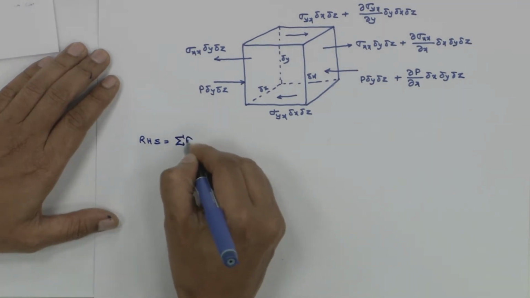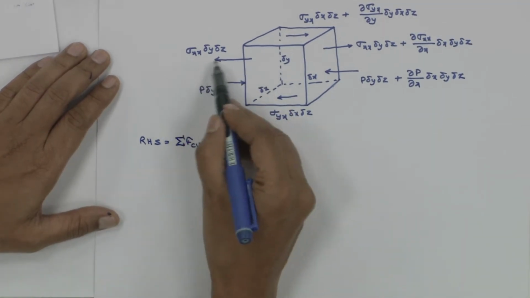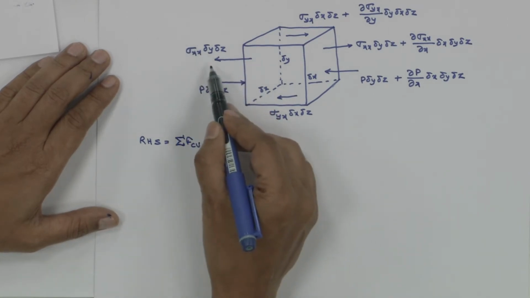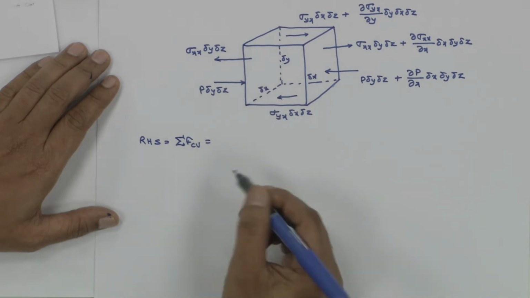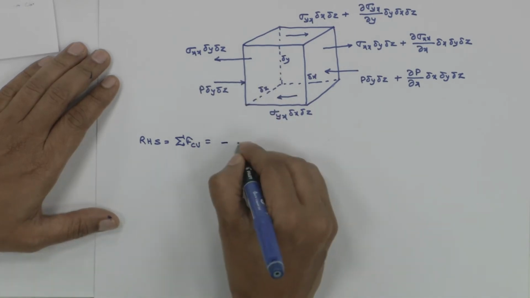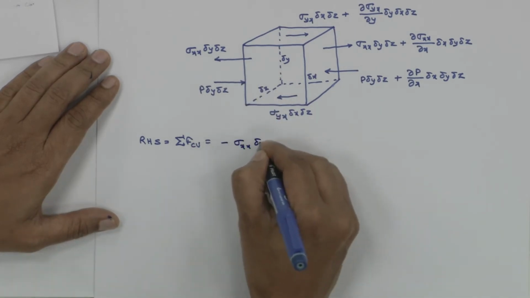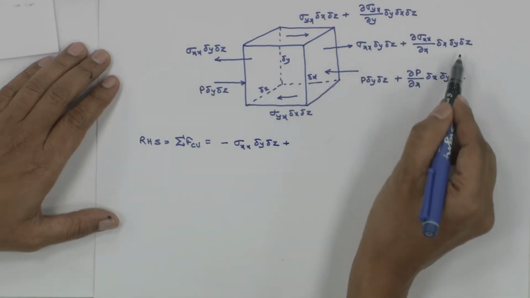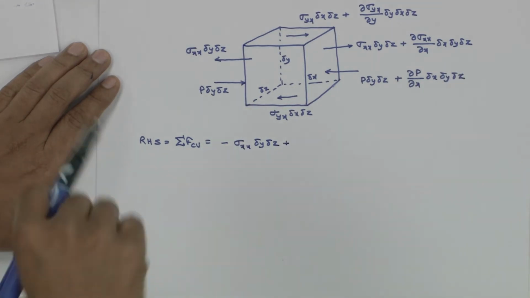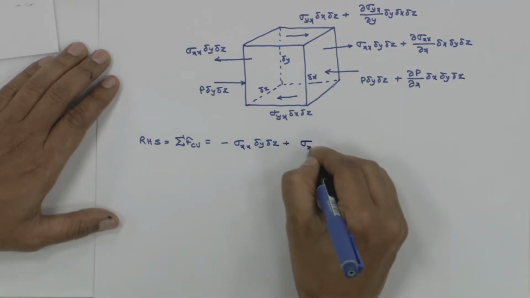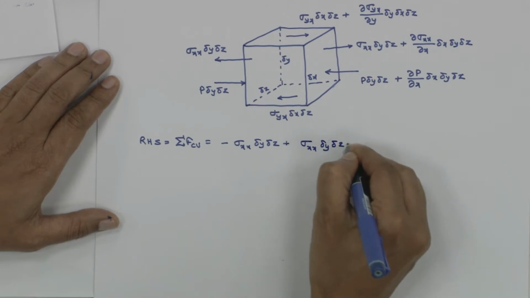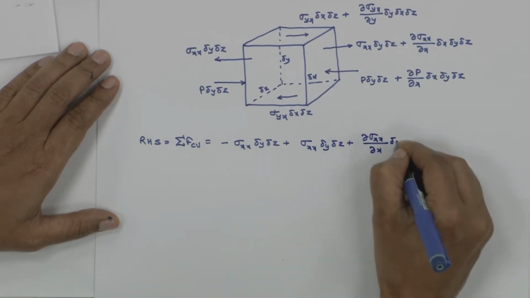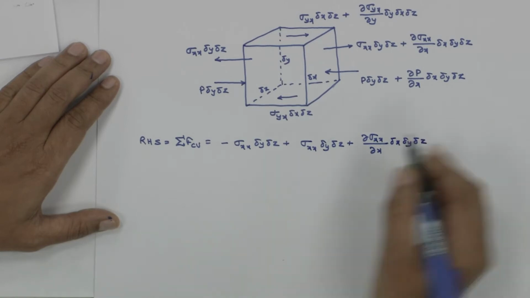This force is acting from right to left, so according to our coordinate system, it's going to be negative: minus sigma xx delta y delta z. Plus this force is acting left to right, so it has to be positive: sigma xx delta y delta z plus del sigma xx upon del x delta x delta y delta z.